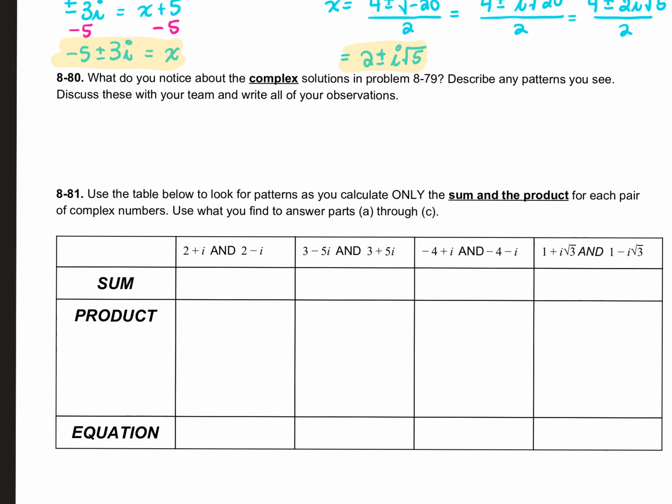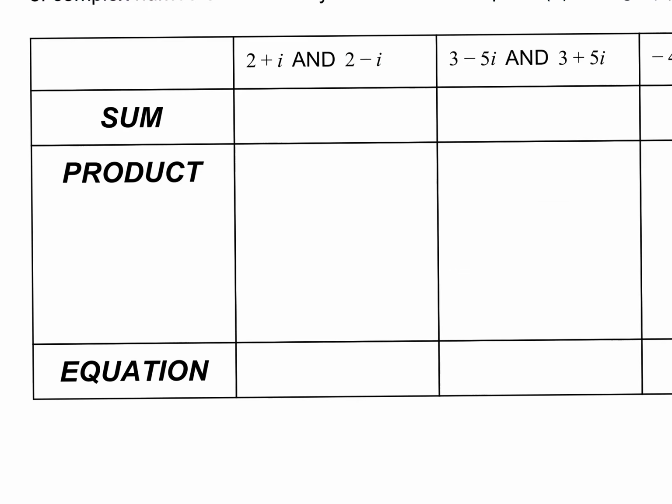So the idea is, for each of these pairs of complex numbers, I want you to find the sum and the product. We'll come back to the equation later, but for right now, just find the sum and the product. So what that looks like is we just add together, and we did this last week in some of those videos as well. To find the sum, we're going to do 2 plus i plus 2 minus i.